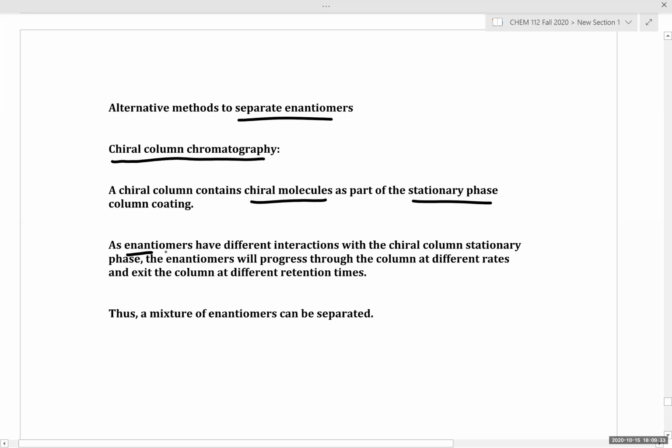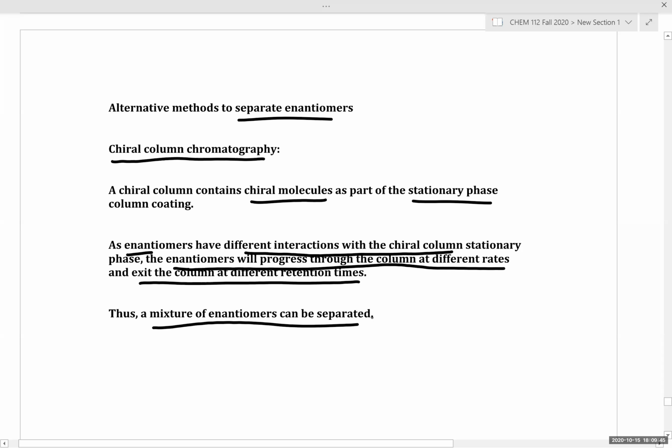As enantiomers have different interactions with the chiral column, the enantiomers will progress through the column at different rates and exit the column at different retention times. Thus, a mixture of enantiomers can be separated. Very similar logic to our discussion of the stationary phase in the gas chromatography lab. Not quite identical, but a good point to reference.